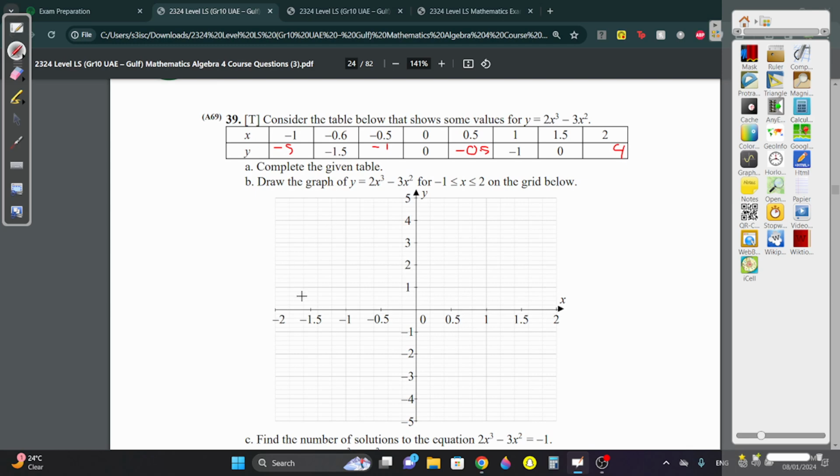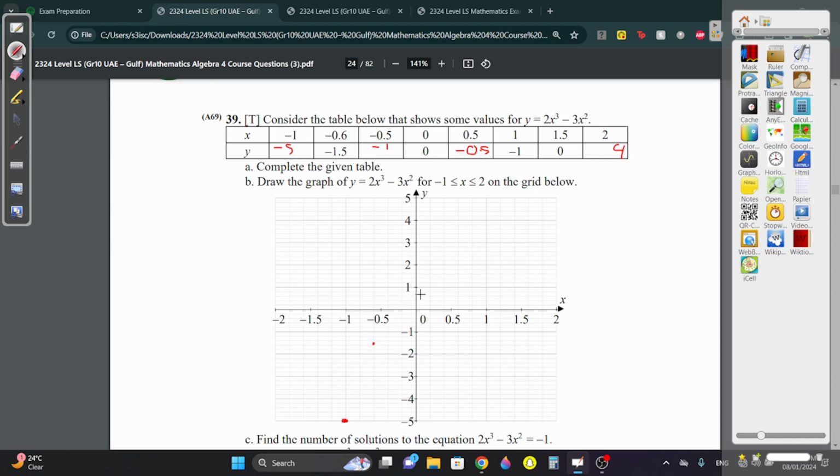At -1, -5, so -1, -5 over here, and -0.6, -1.5. This is a bad scale. 0.5 should be here, -0.6, -1.5 here.